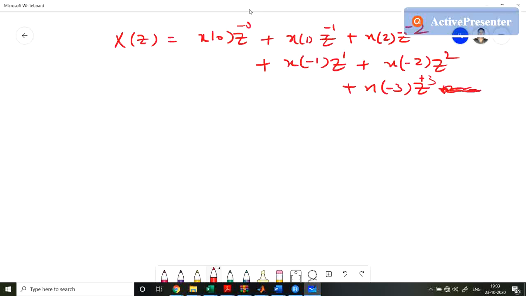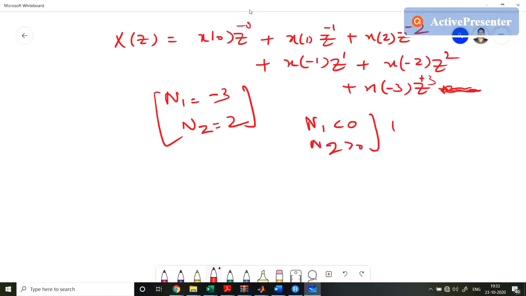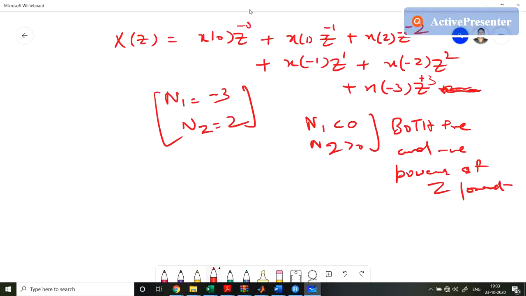So this is for when N1 is -3 and N2 is 2. So both negative and positive powers of z are there when we take N1 less than 0 and N2 greater than 0. So let us take that we have both positive and negative powers of z.